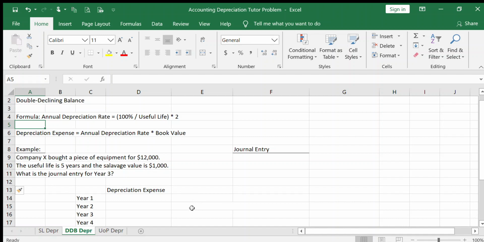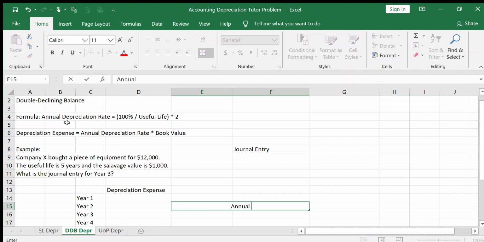The first thing we want to do, though, is determine our annual depreciation rate. We're going to type that down here. It's equal to 100% divided by our useful life, which is 5 years, and then we are going to multiply that by 2.